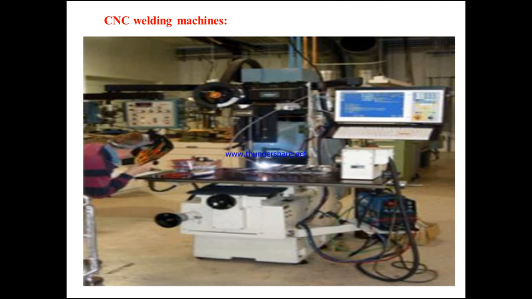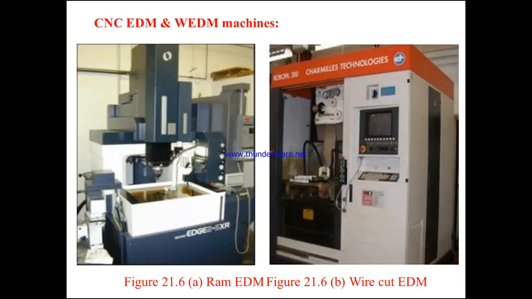There should not be any gap between the parts which are welded, because if there is any gap between any of the parts, then due to the hydraulic power with high energy, we are going to have accidents. Because of that, the welding should be very strong, that is, the bonding between the welded parts should be high here. So the precision has to be maintained by using the CNC welding machines.